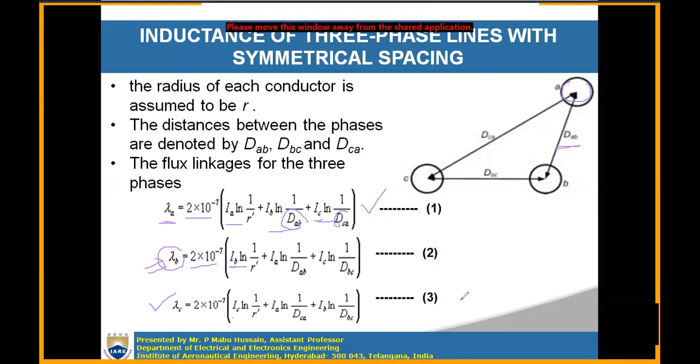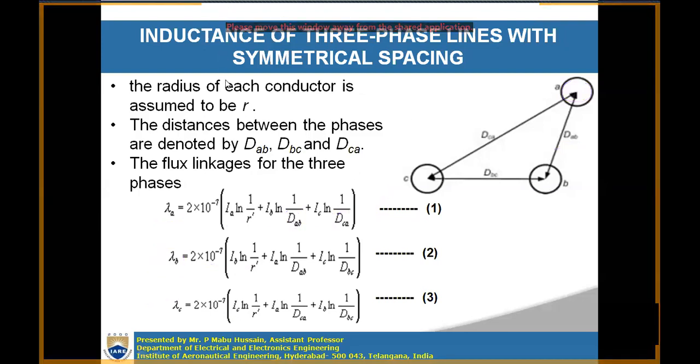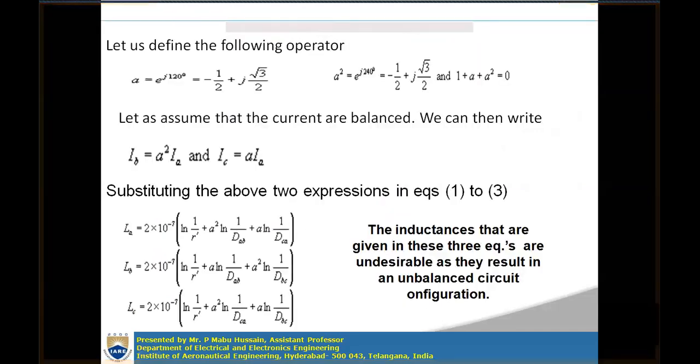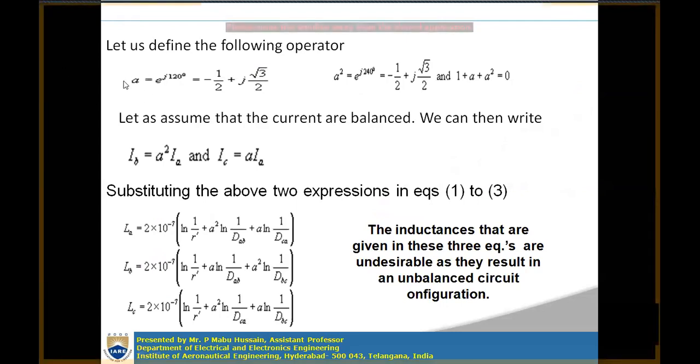Now, after finding the flux linkages, you have to consider an operator, which is a.